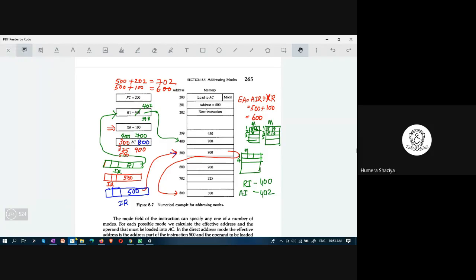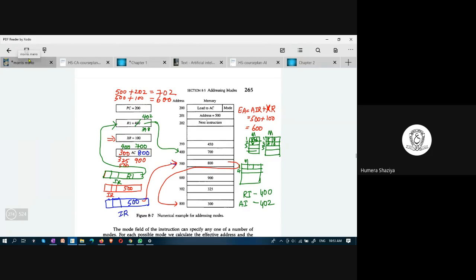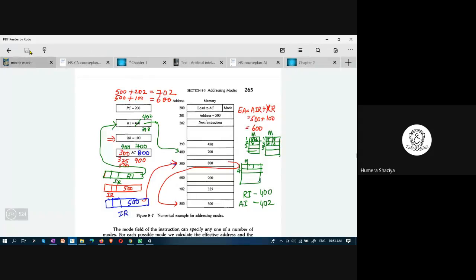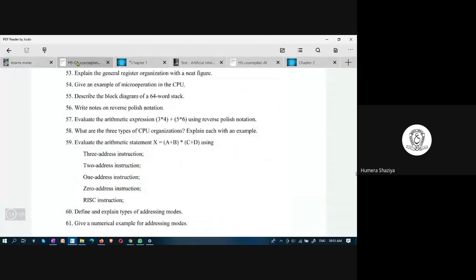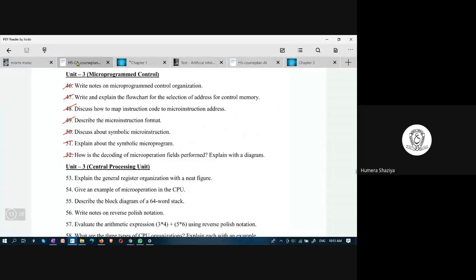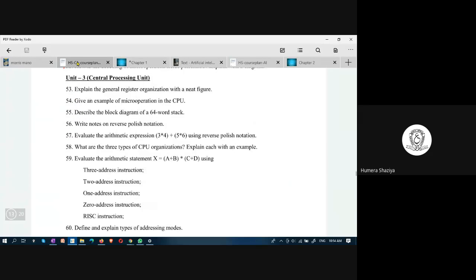Okay, students, what you are supposed to do this week is, you all have done microprogram controlled questions as assignment 1, right? This is completed. Yes, ma'am. All of you have completed. Now, central processing unit. Explain the general register organization with a neat figure.